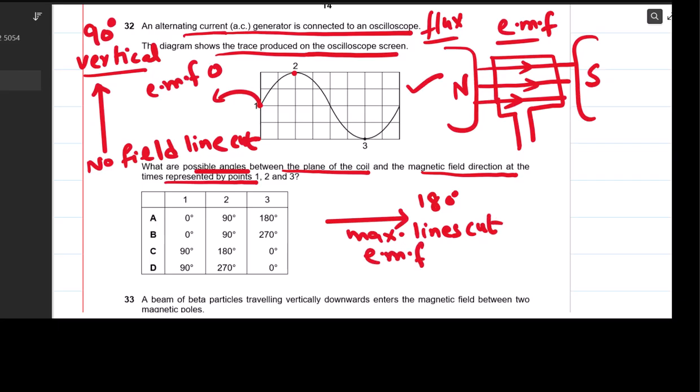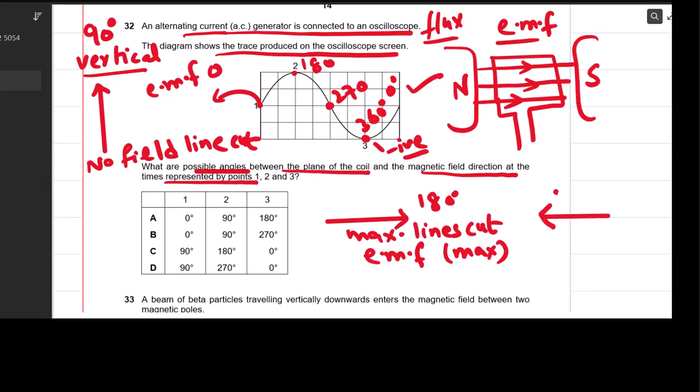You can see. And then after 180, again you are having maximum but in negative side. It means 180, then it is here 270, and now it is at 360, or you can say at 0 degree. So again it is horizontal but in opposite direction.